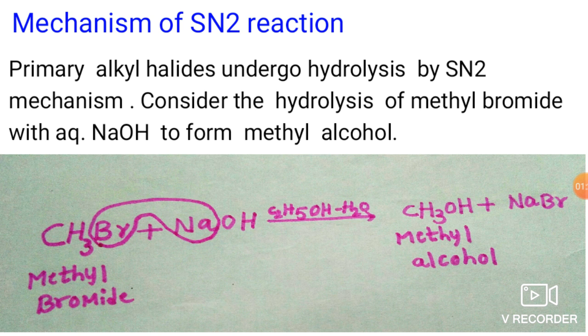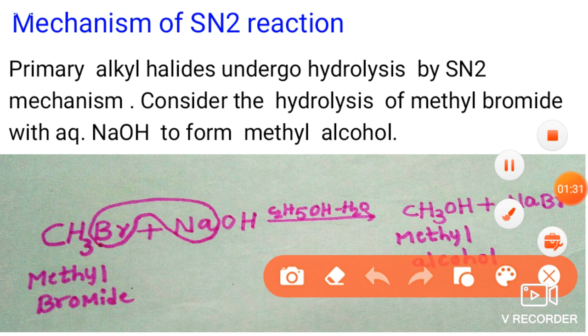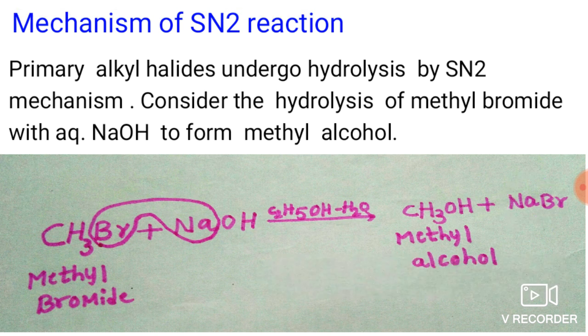Then there is elimination of sodium bromide, that is NaBr, and formation of methyl alcohol, CH3OH. The reaction proceeds through a single transition state and does not have any steps.